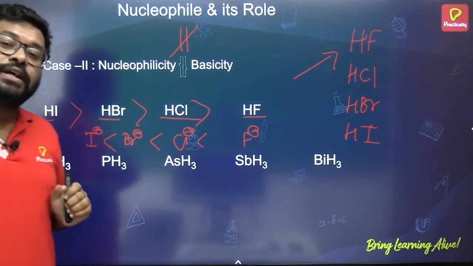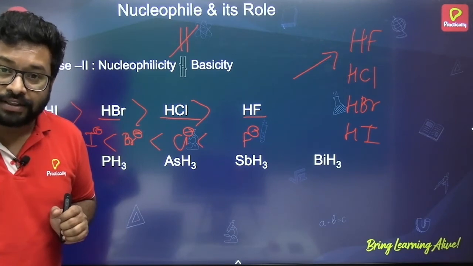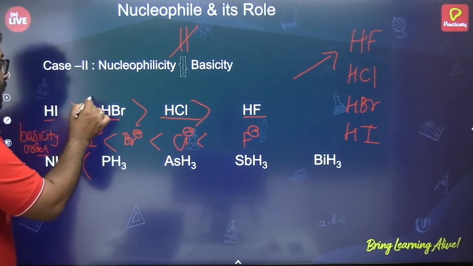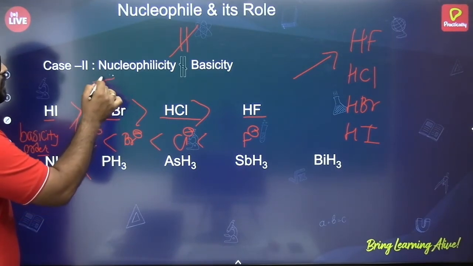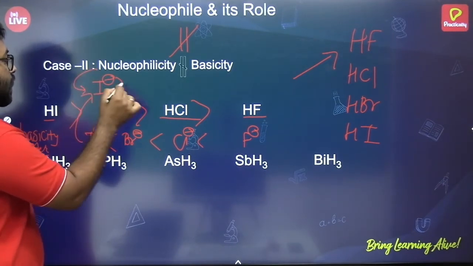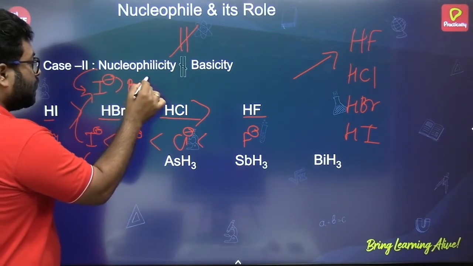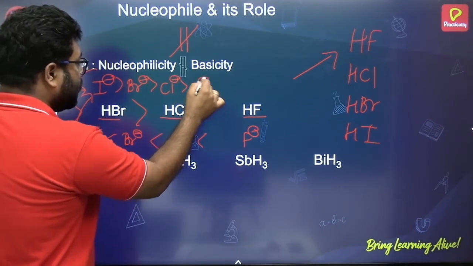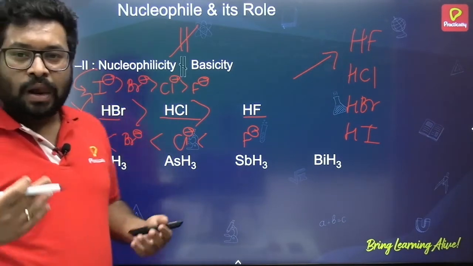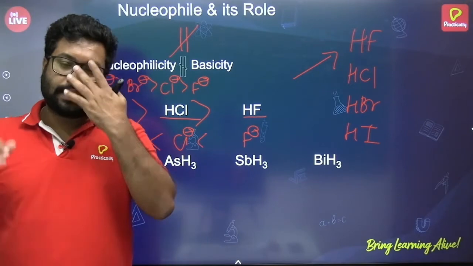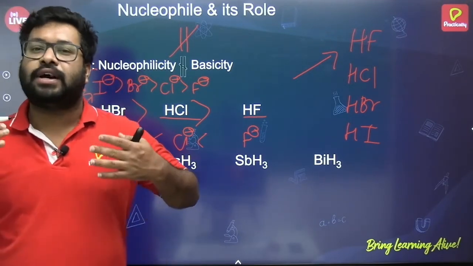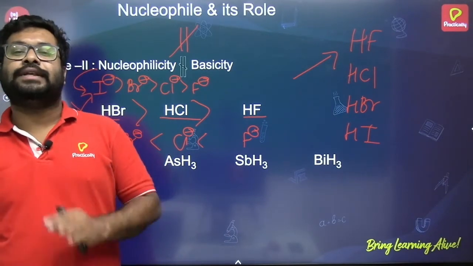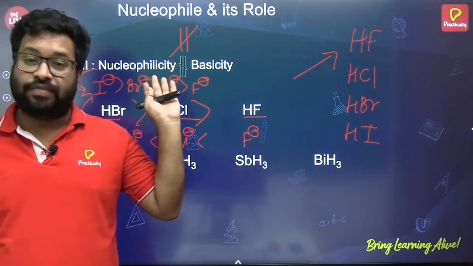But that is not the case for nucleophilicity. For nucleophilicity, your order is reversed. I minus is the strongest nucleophile. Then you have Br minus. Then you have Cl minus. Then you have F minus. As I already told you the trick, whenever you are talking about species present in the same group, you should take basicity anti-parallel to nucleophilicity.